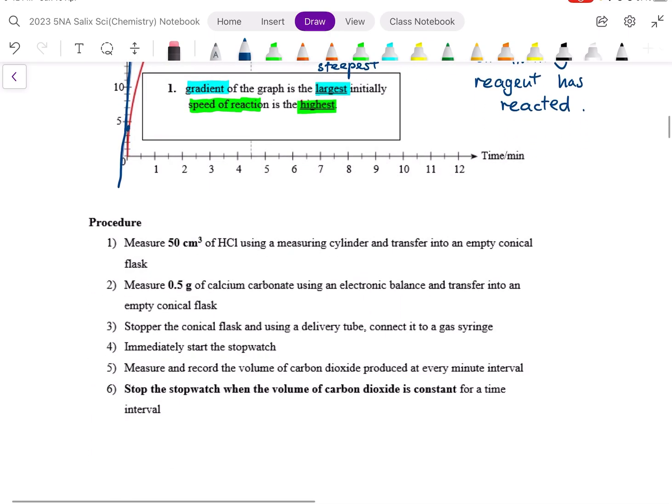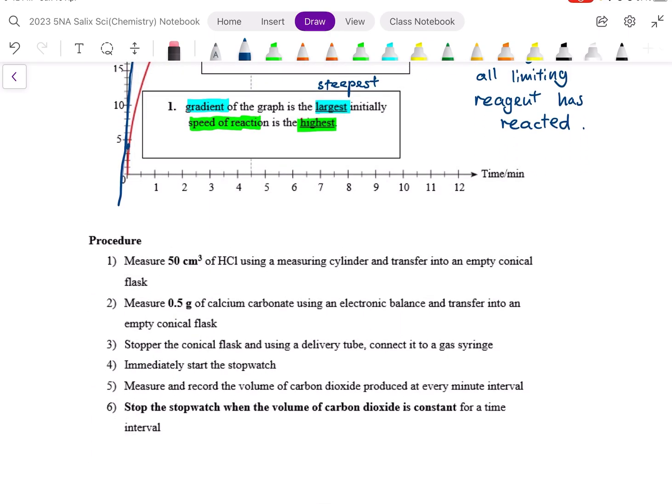So for this kind of setup, if they ask you to briefly describe an experiment, here's how to describe how you do this experiment. Procedure is basically the steps to do the experiment.